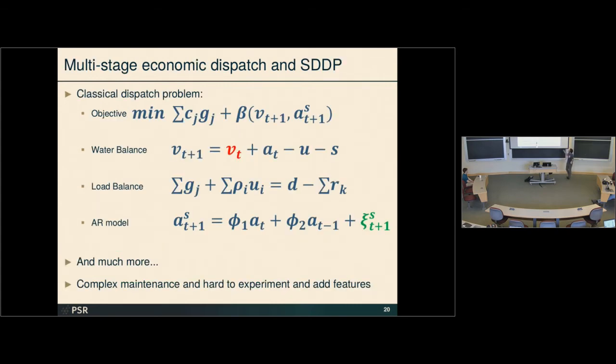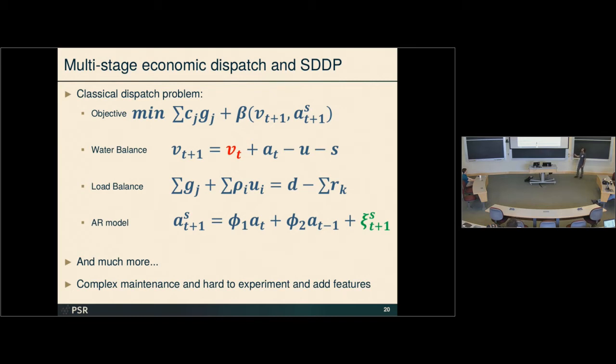So, just a little bit about the problem. This is a very, very simplified version of the problem. You have an objective function where you're coding costs and generation of thermal plants. You multiply them, and you have the costs of operating your thermal plants.